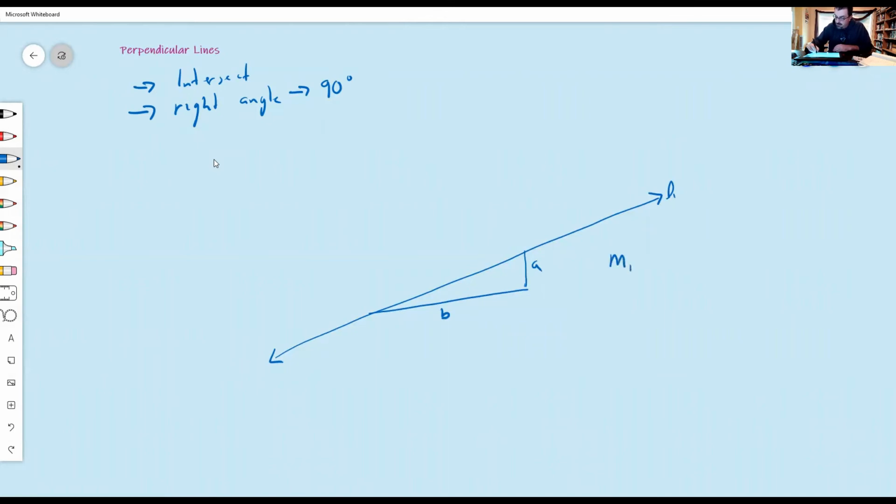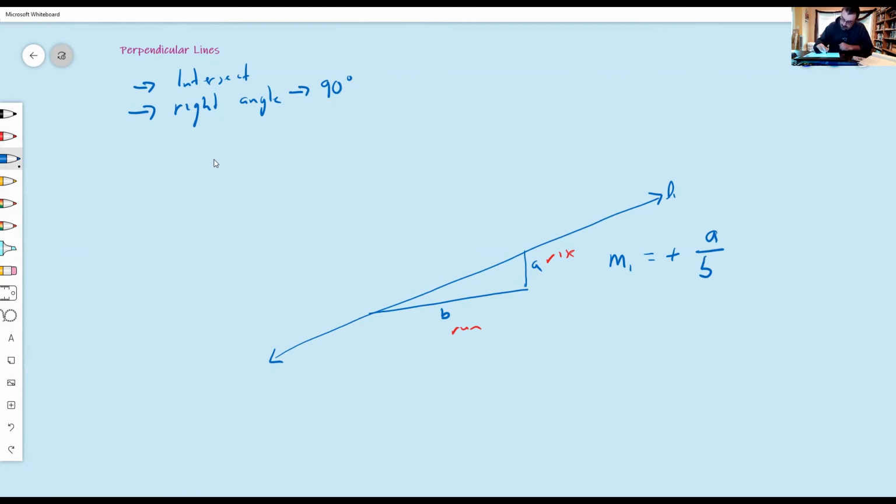Slope for M1, well, first thing, it's going up and to the right, which means it's a positive slope, so it'll be plus. And it's rise over run. So my rise is A. This is my run. So it's going to be A over B. That's my slope for M1.